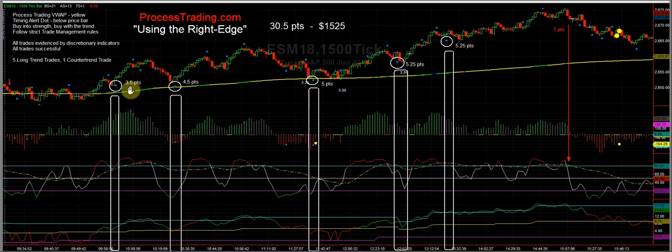So on this one, you would have made 3.5 points, 4.5 points, 5 points, 5.25 points, and 5.25 points here. And remember, that's all by buying into strength. So when we look at each and every one of these trades, the trade management technique tells us that we look at the high of the bar where those timing alert dots showed up, and then we place our order entry 2 points above that high.